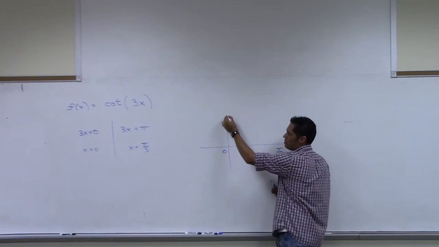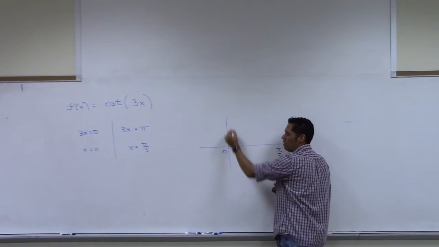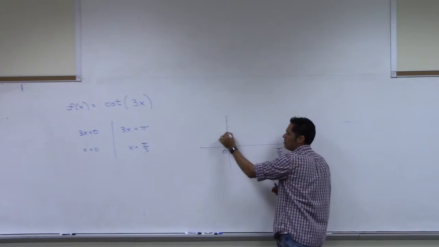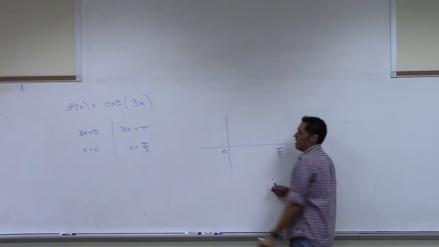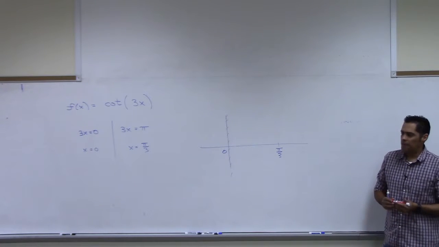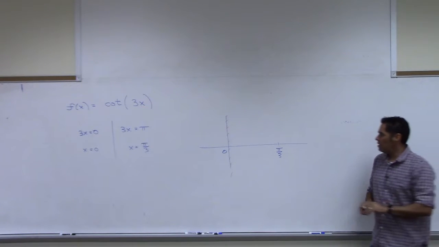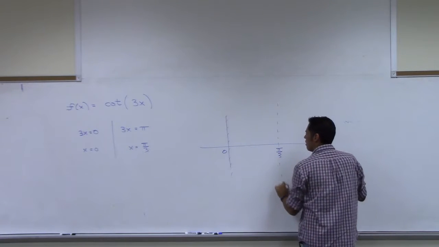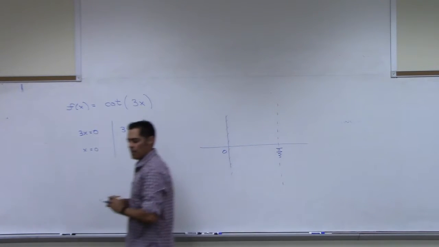Students have asked me, how do you draw a dotted line on top of a solid line? One technique is to do little diagonal dashes if you're having a hard time seeing a dotted line on top of a solid line. And there are my two verticals, okay?